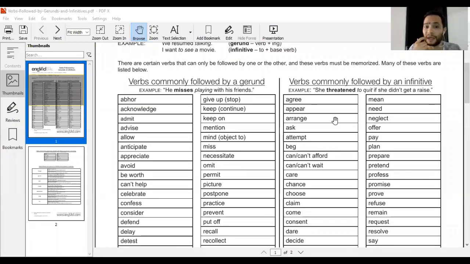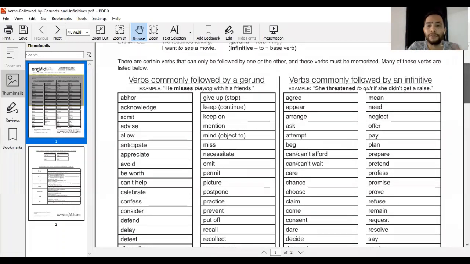So, well, guys, as I was telling you, this group of verbs is never, ever going to be used with the ing form. They are always going to be with the infinitive with to, like in the example we have right here.